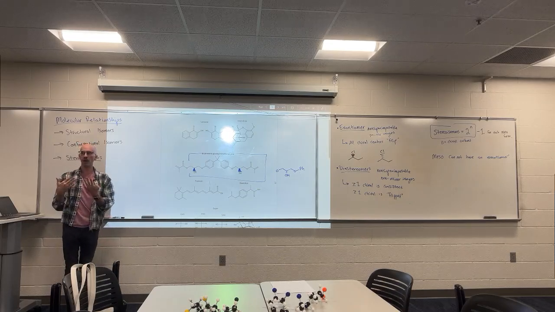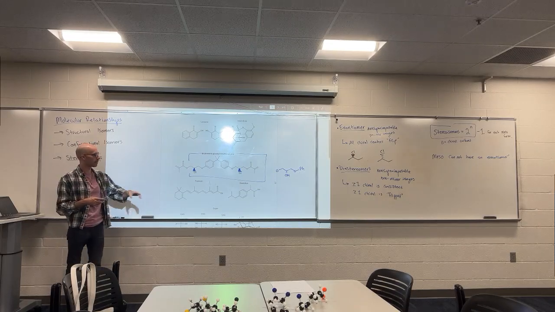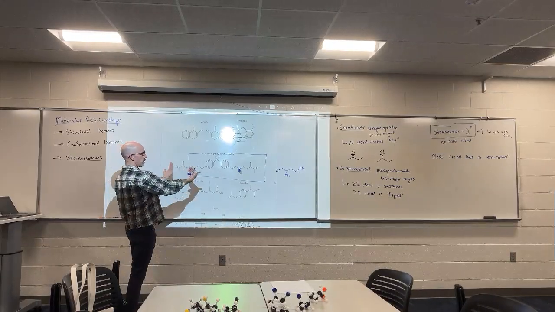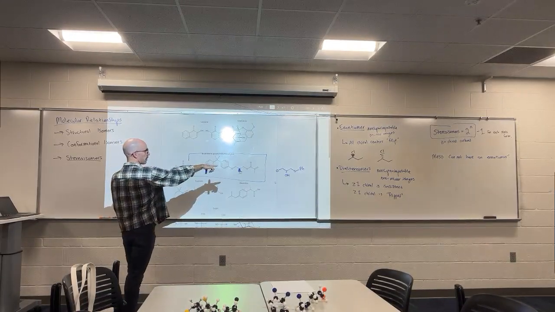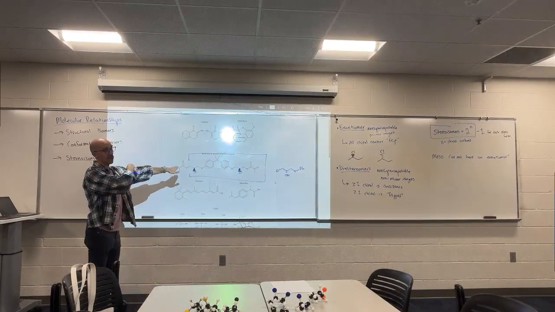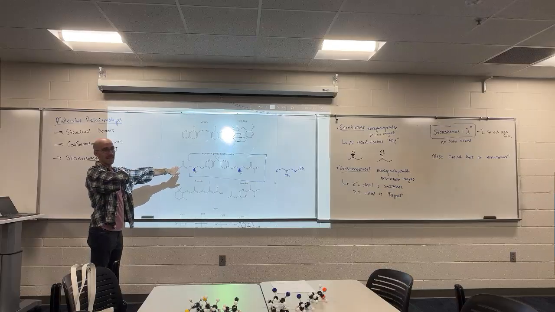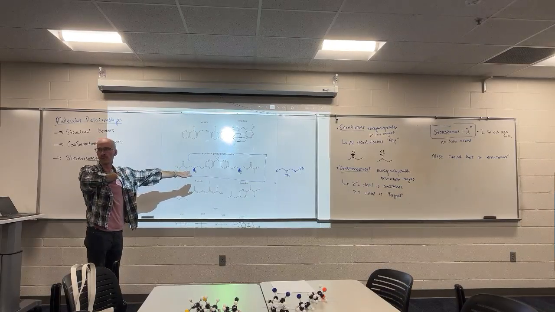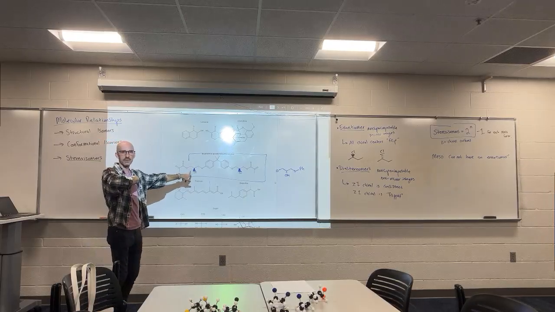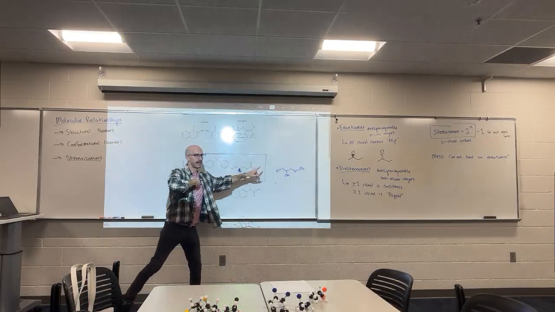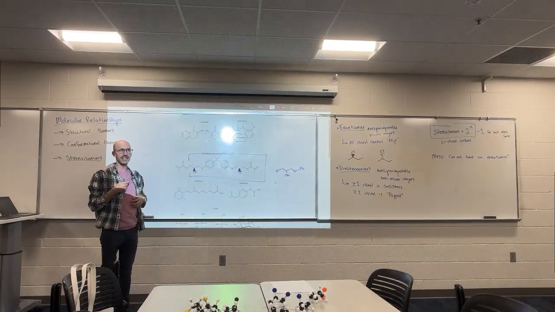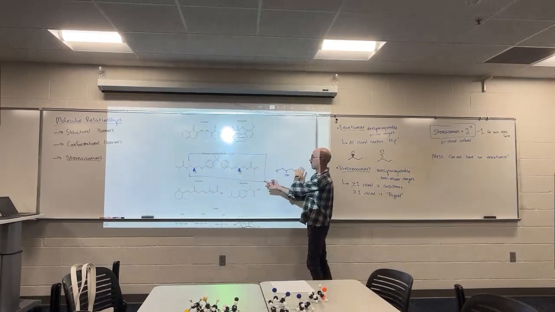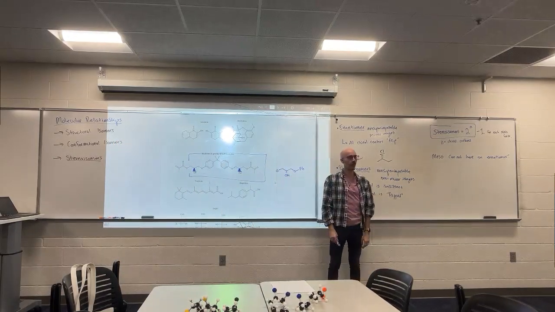Mirrors flip front and back or left and right. So this mirror is flipping these OHs. These OHs are coming towards me, so in the mirror, it's actually going to look like they're going away from me. The OHs are going away from the mirror both times, coming towards me here, away from me here. But they're the same thing, because as Aiden said, if I flip this over, those OH groups point back.